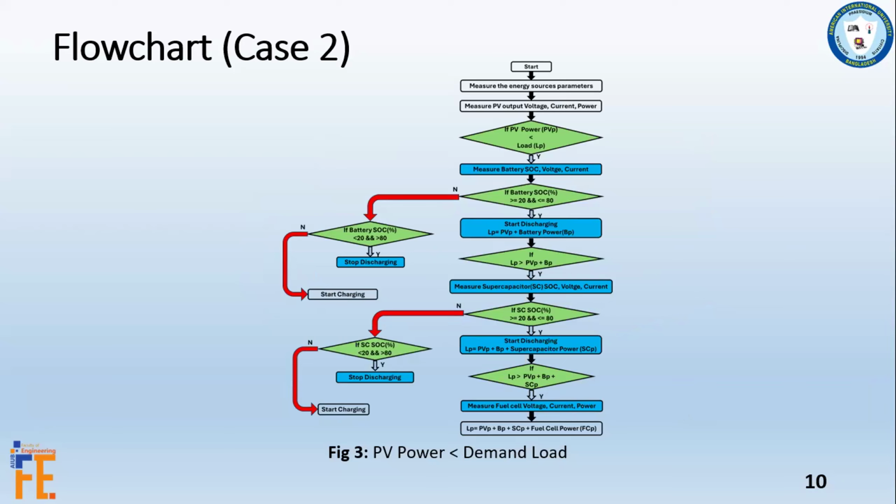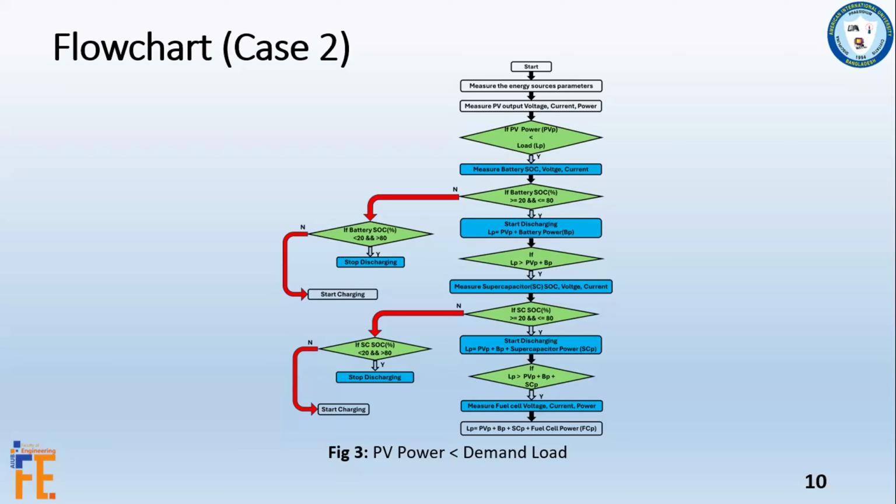And if the statement is false, then it will check another statement: if the battery SOC is less than 20% or greater than 80%. If this statement is true, it will stop discharging, or otherwise it will start charging.